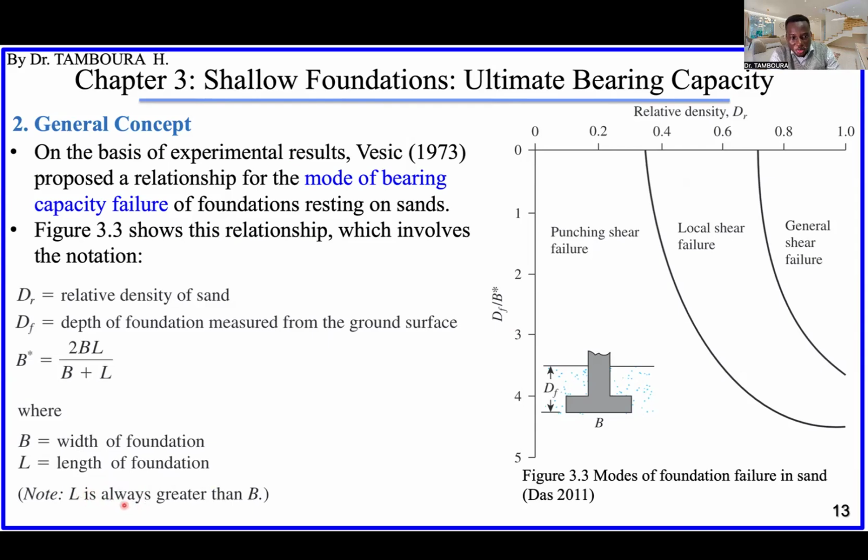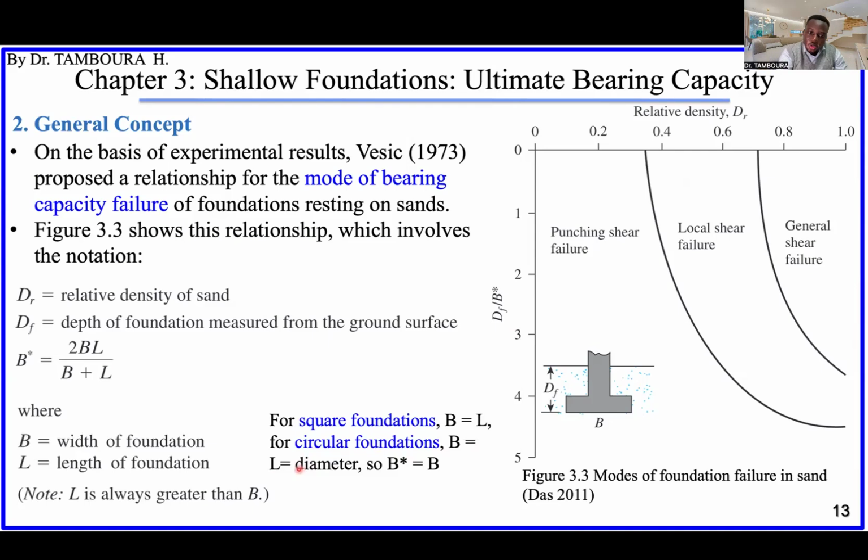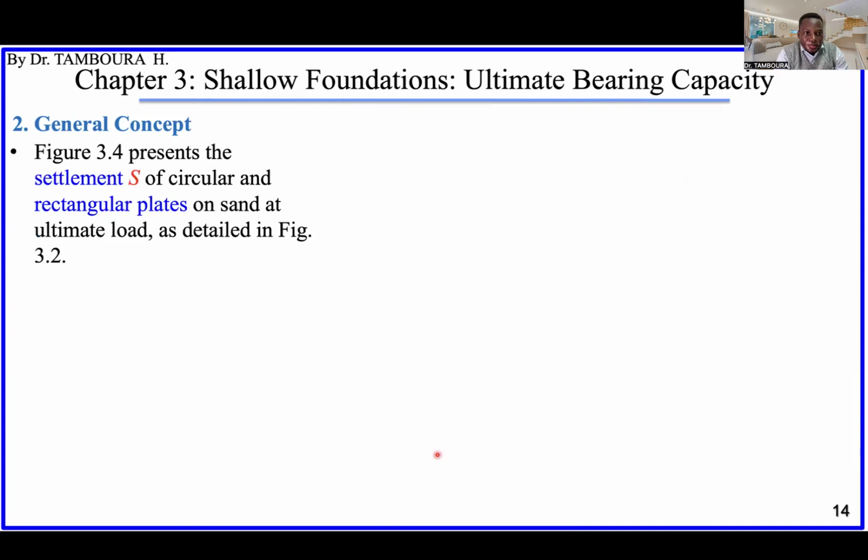But L is always larger than B, of course. Otherwise, it will be inverse. So in case of square footing, you will have B and L the same because it is square. In circular footing, B is equal to L is equal to the diameter. Okay, in that case, this B star will be equal to the diameter, equal to B.